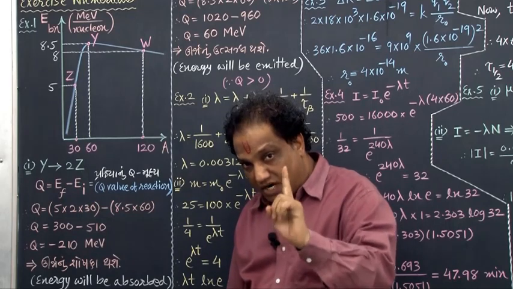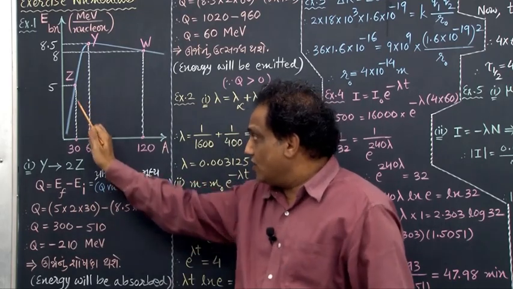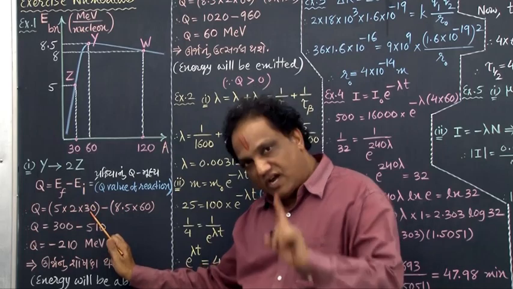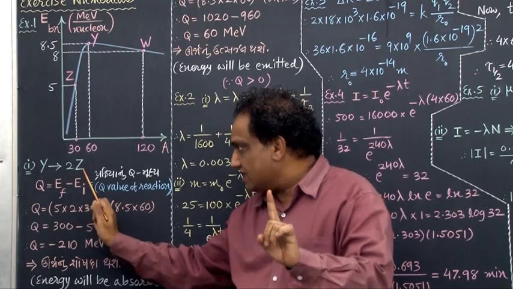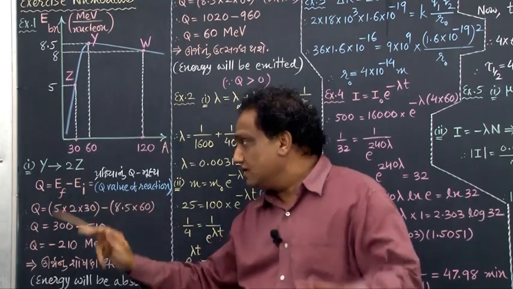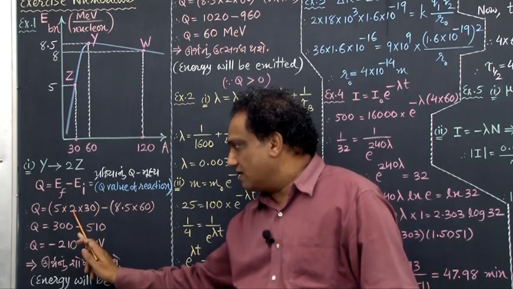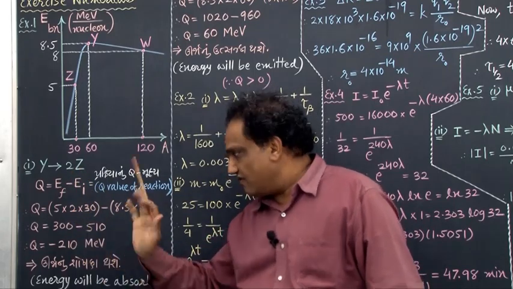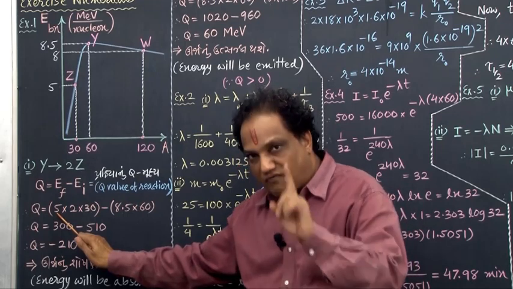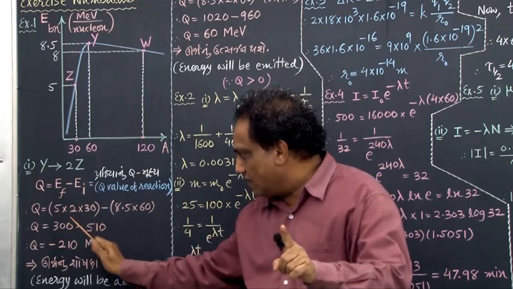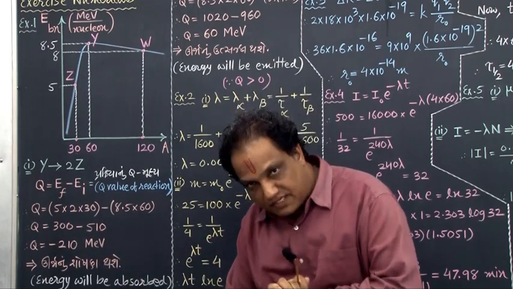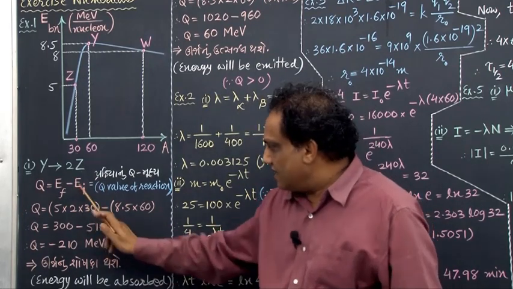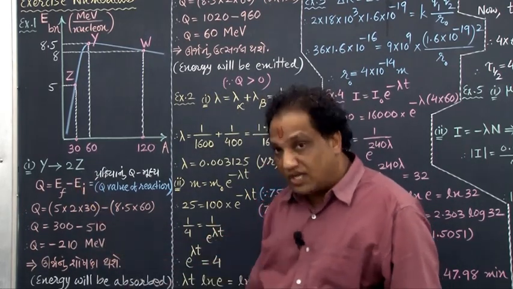In one Z nucleus, how many nucleons are there? 30 for one Z nucleus. But how many Z nuclei in the final condition? 2 Z nuclei. So I must multiply by 2, correct? Fine. So this is binding energy per one nucleon, and this is total number of nucleons, correct, in the final condition, minus total binding energy in the initial condition.